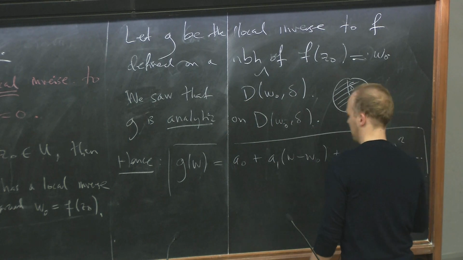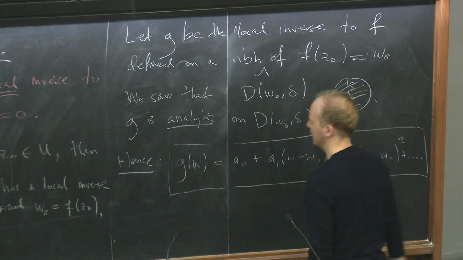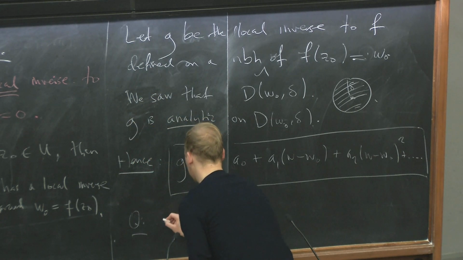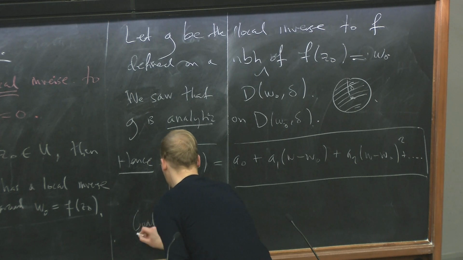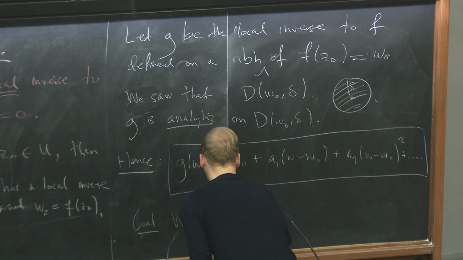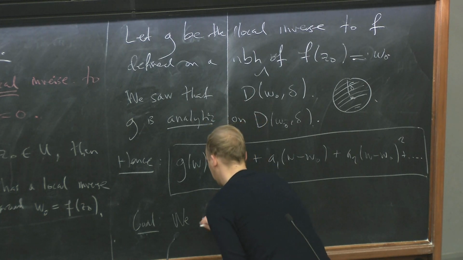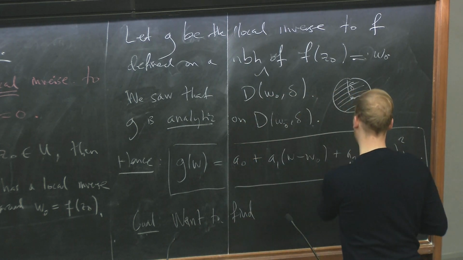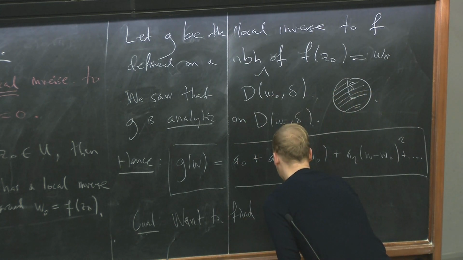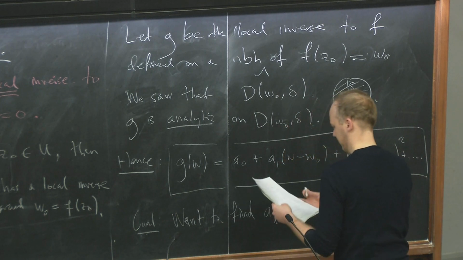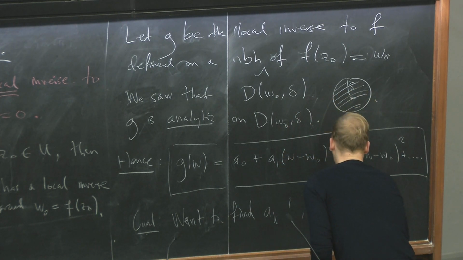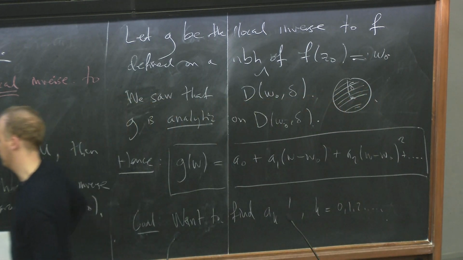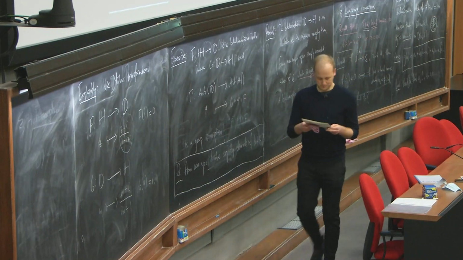The goal of this part of what I talk about today is that we want to find the coefficients in the power series expansion. We want to find the value of the a_k, where k equals 0, 1, 2, and so on. If we can do that, then we consider that we have found the inverse.